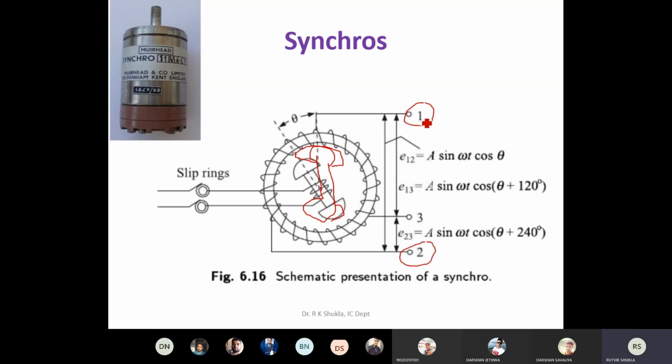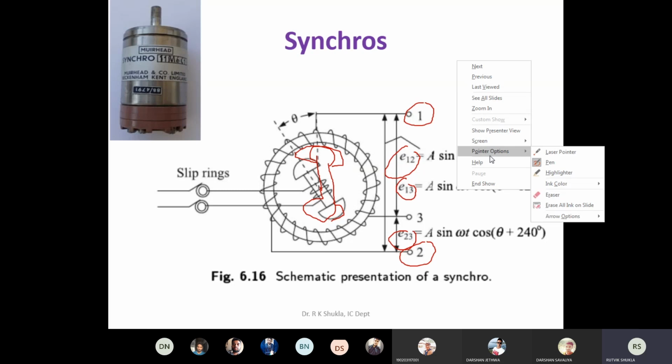It means the conductance is maximum. Reluctance is the opposite of conductance. So while there is the lowest reluctance, you are getting the maximum conductance. So E12 is maximum, E13 is a little bit lesser than that, and E23 is a little bit more lesser than that. Clear? So based on the position of the rotor, you are getting some output between all three stator winding terminals.